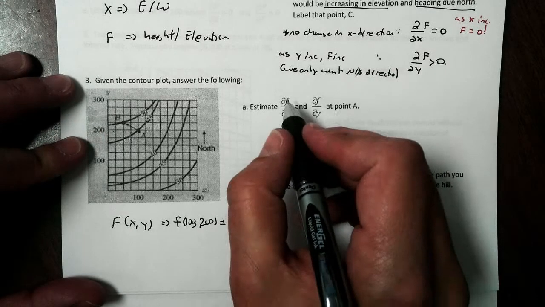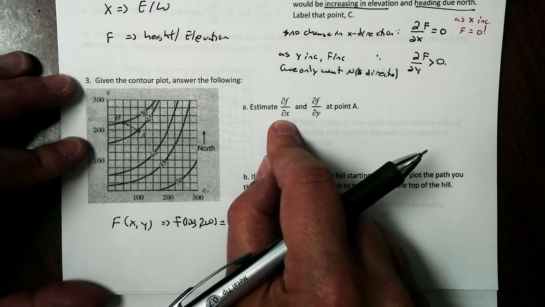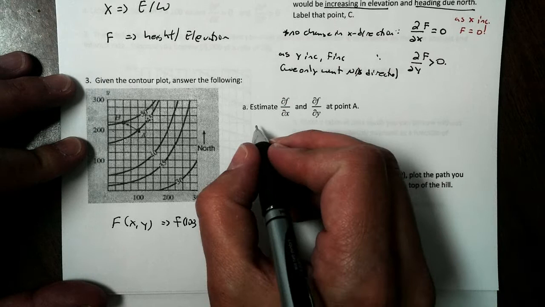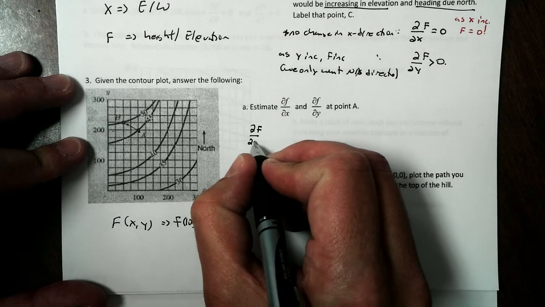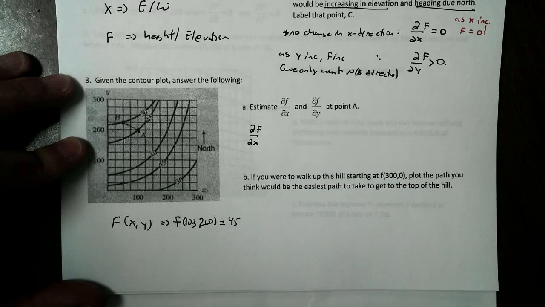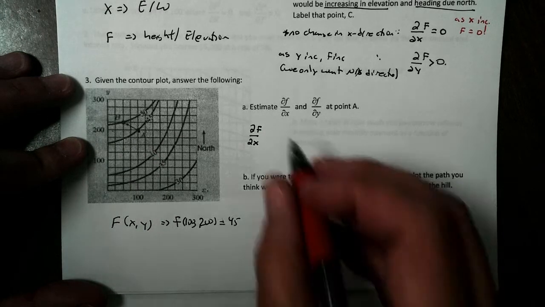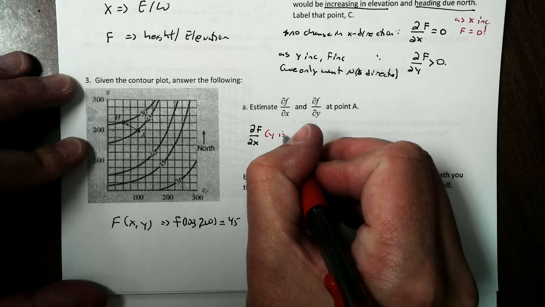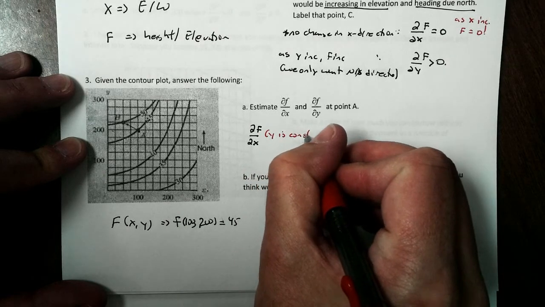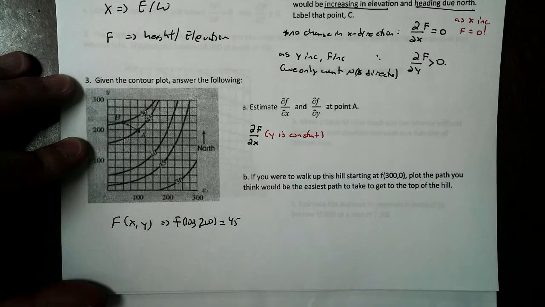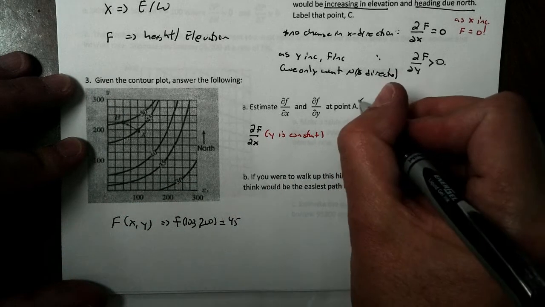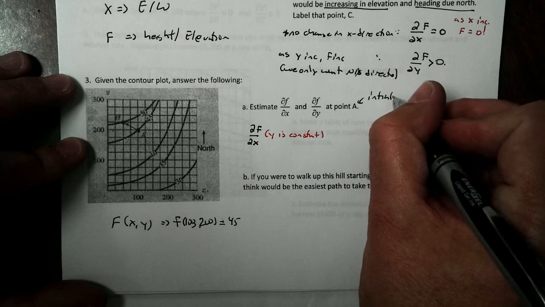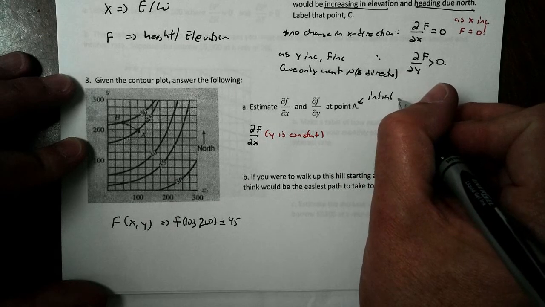And what we want to do is estimate the partial of the function with respect to x. So if I want to take the partial of my function with respect to x, what we are saying here is that y is constant. Now, that point A is our initial starting point, our initial value.